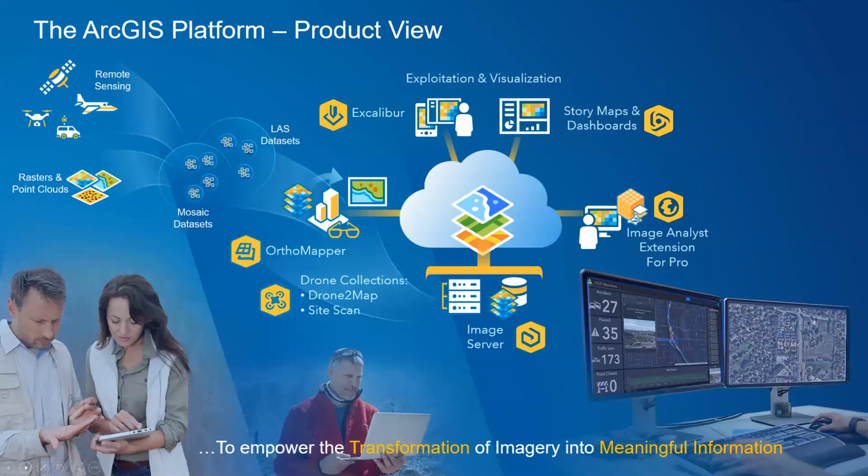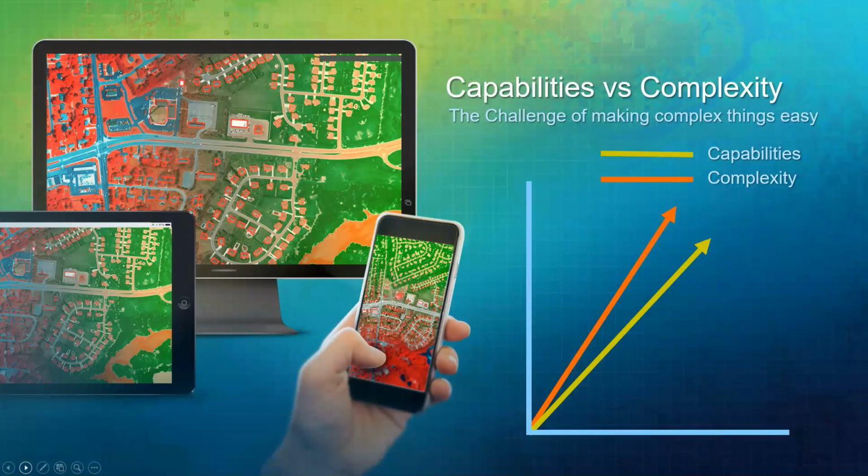So if you imagine you go out and you collect a whole bunch of imagery, you want to give people access to it. We have a new product called Excalibur that provides that access in that very basic image processing functionality. And Kyle will be showing that as we go through the demonstration. But it's all about transforming raw sources of imagery into useful information.